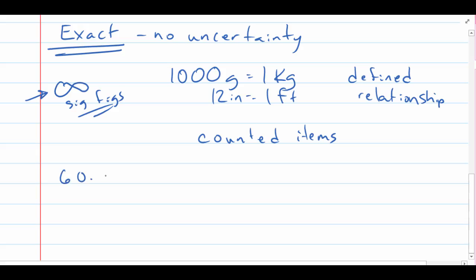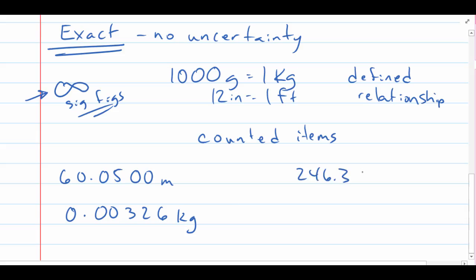So I have 60.0500. I got to make sure I get the right units. Well, it's not grams, it's meters. We've got 0.00326 kilograms. We have 246.3 milliliters.